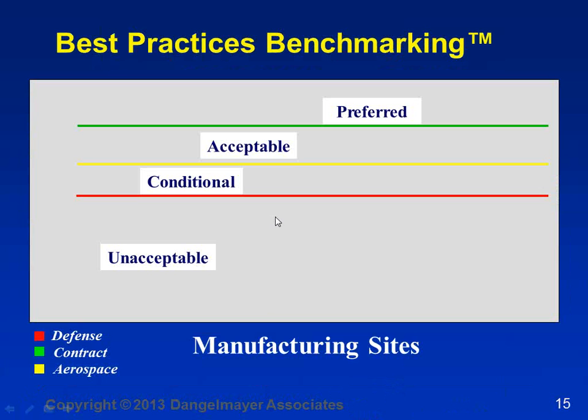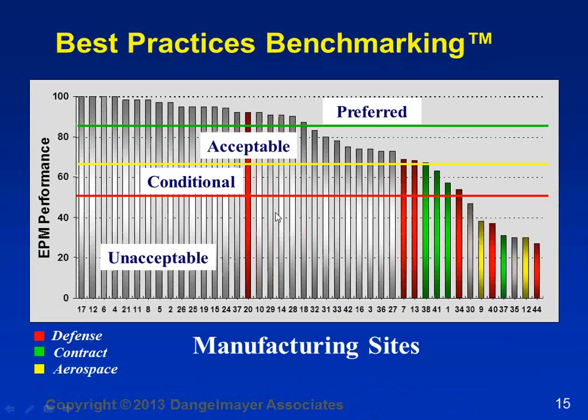Okay, benchmarking. This is a chart that represents the benchmarking that we do, and as I mentioned earlier, is 90% accurate over the phone, by the way. We can interview you and tell you with 90% accuracy how you're performing to best practices. Each bar in this chart represents a company.